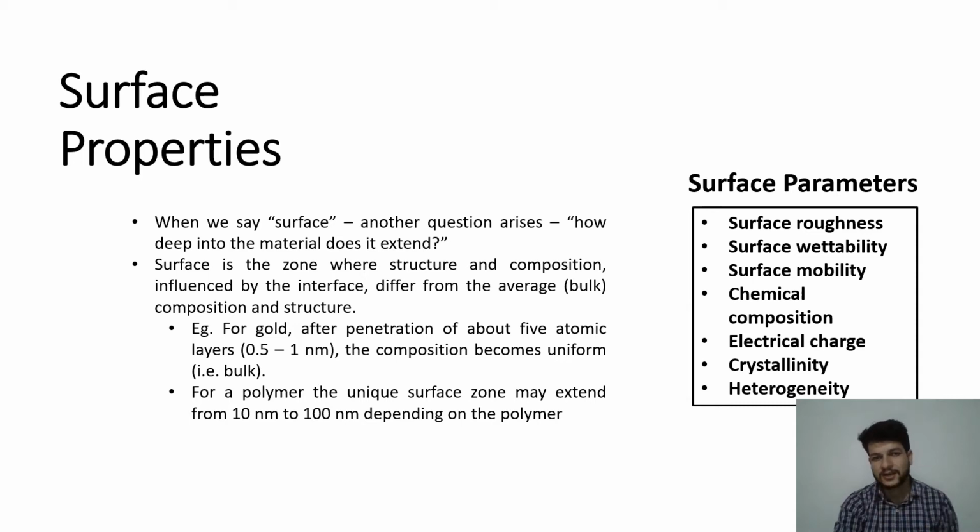Heterogeneity means that if different types of molecules or atoms are present in the surface, it is heterogeneous. So all these parameters should be studied to conclude what will be the effect of these surfaces on different physiological systems, and how different physiological systems will react with these surfaces.